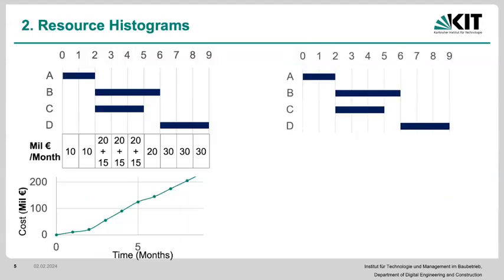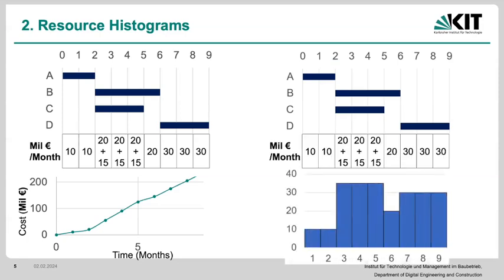Okay. So now we have these activities that we have. We have our little cost breakdown that we have here. And we are going to be creating this cost histogram, which is exactly these costs that you're going to be seeing here, just translated down. This is the cost per month.